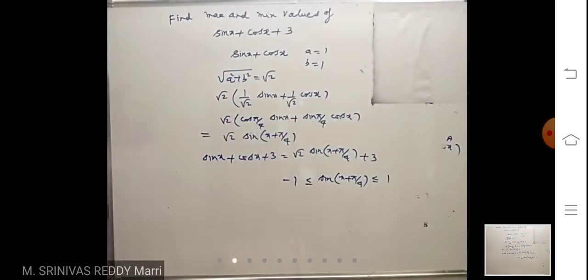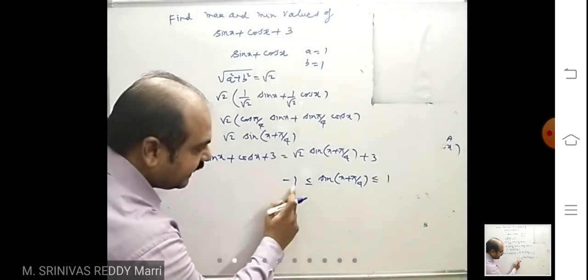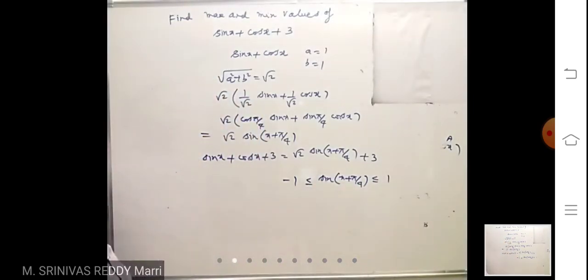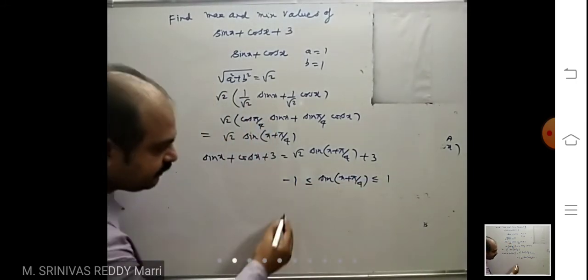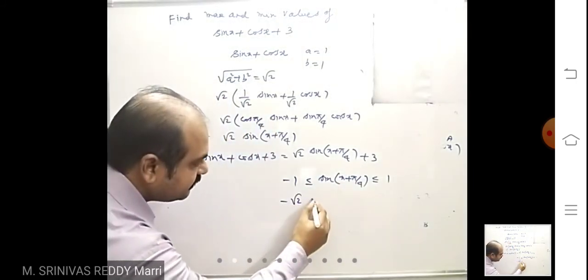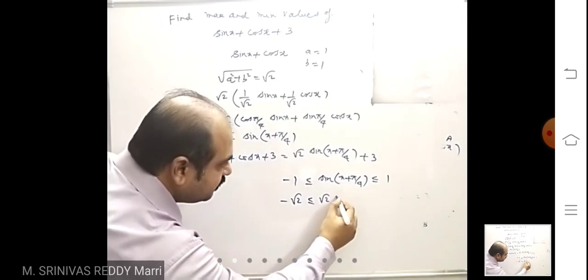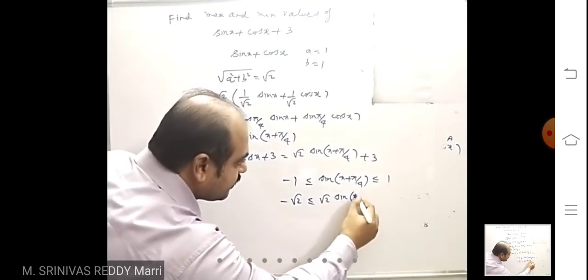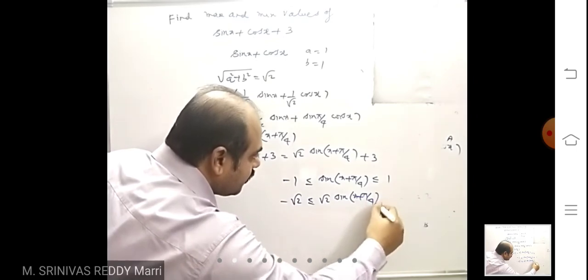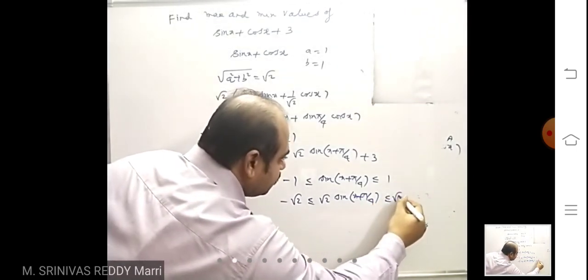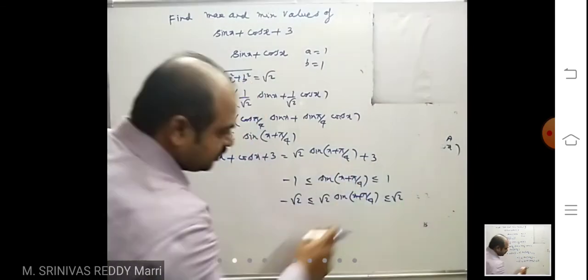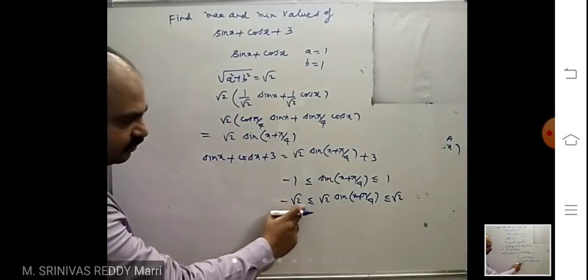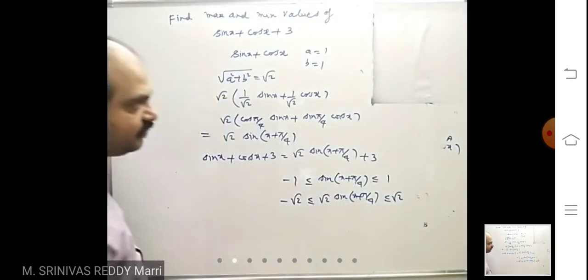Now I am multiplying this with root 2. So I will get minus 1 into root 2 here, and root 2 into 1 here.